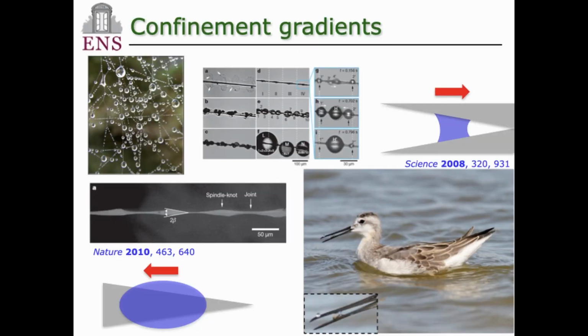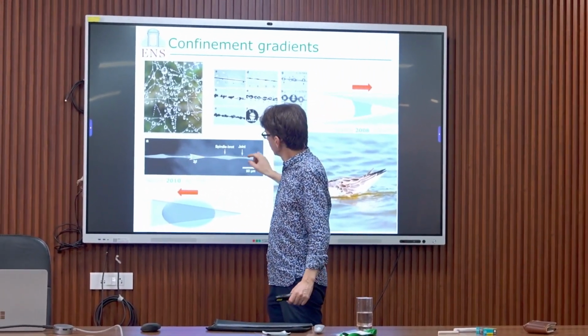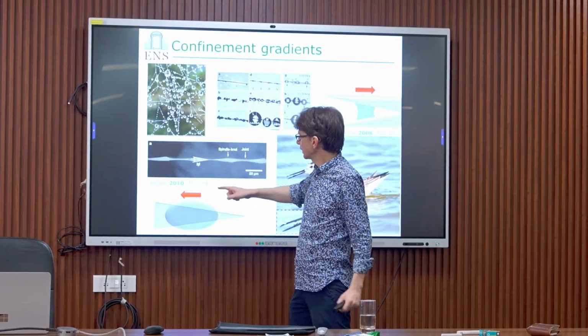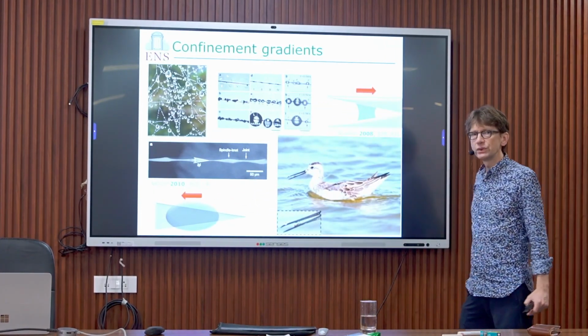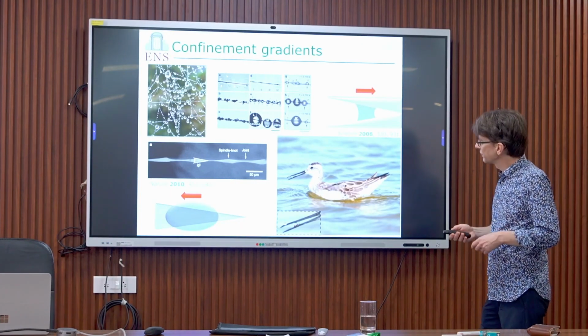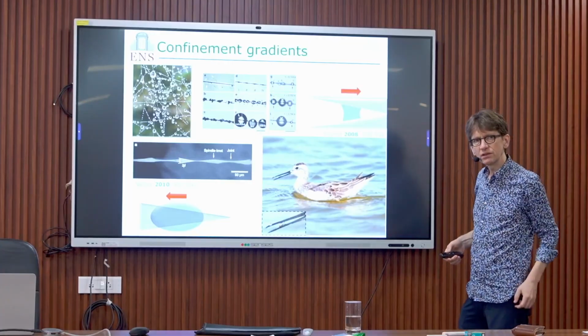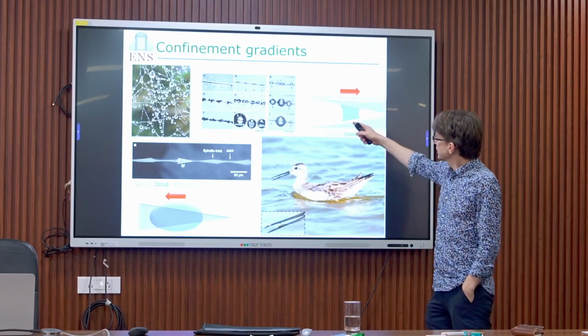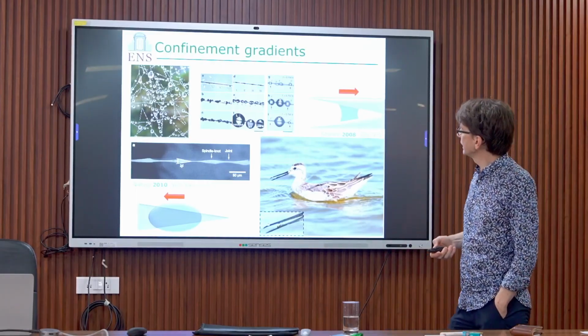This is used in nature, as I showed you, in spider webs, where water is transported along the increasing diameter and will stop at some position, and by birds that use this gradient of confinement to make liquid move in the beak, and actually it oscillates to make a ratchet so that it can make the liquid jump the different static points.